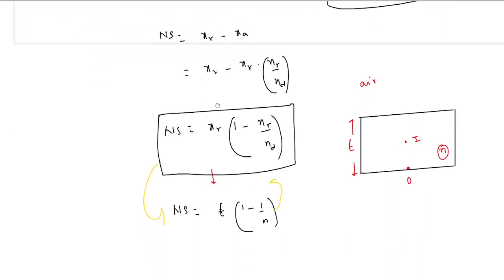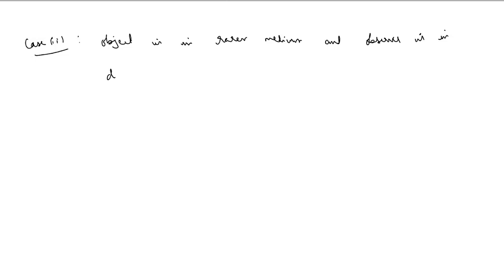We'll take the second case, case 2, where the object is in rarer medium and the observer is in denser medium.